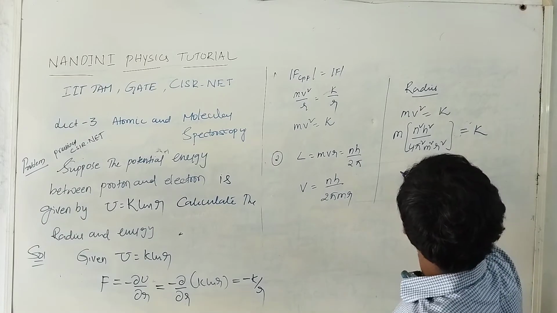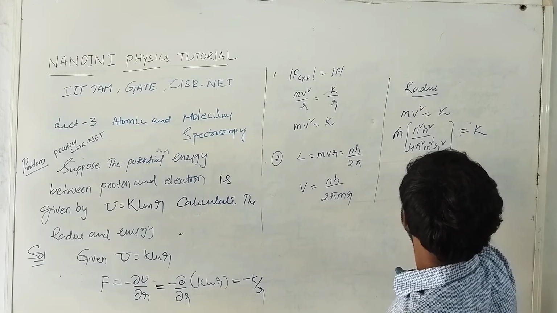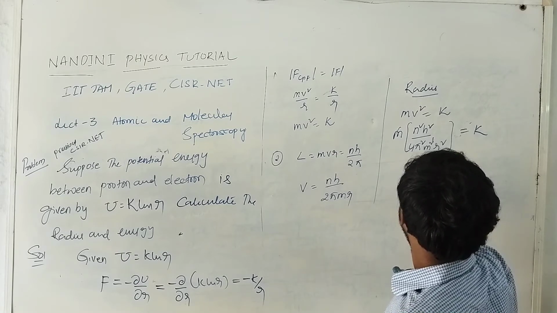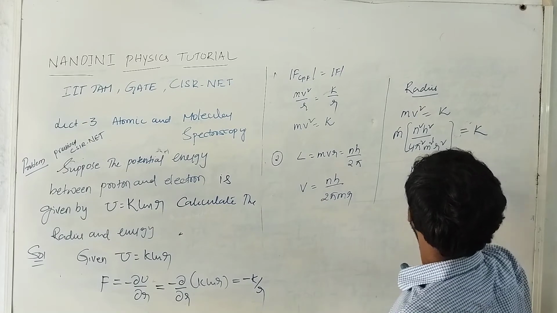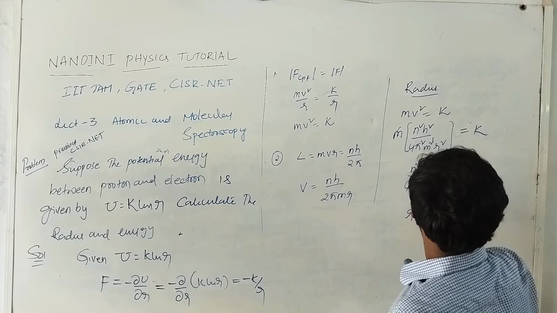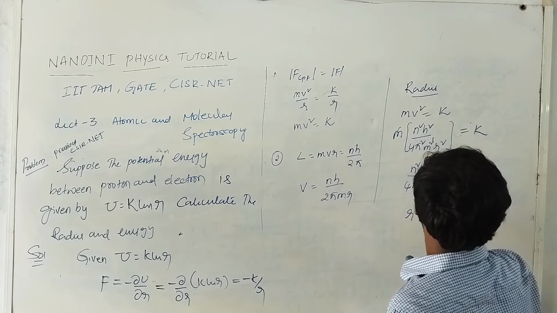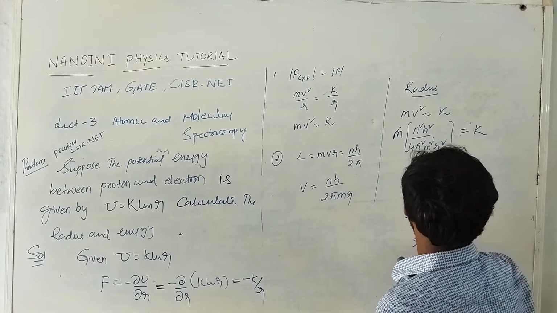Simply cut one m. So n square h square by 4 pi square m r square is equal to k. From this equation, r square is equal to n square h square by 4 pi square m k. From this equation, what is the r value?